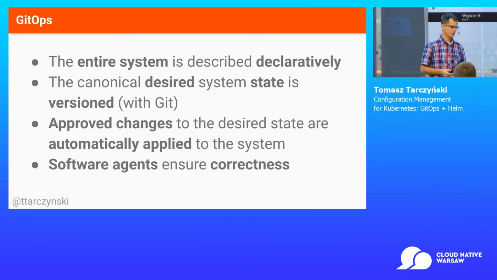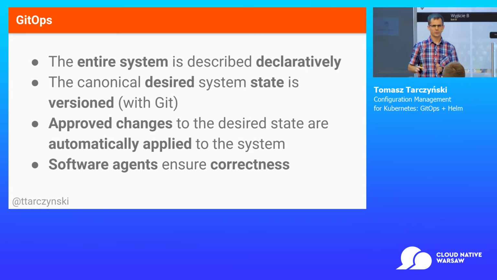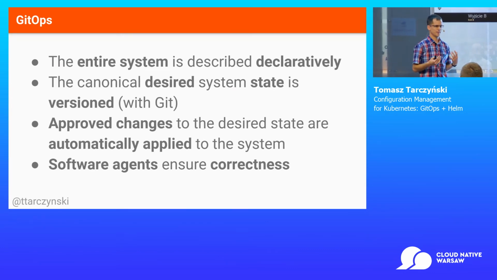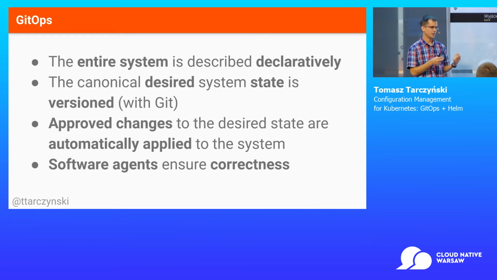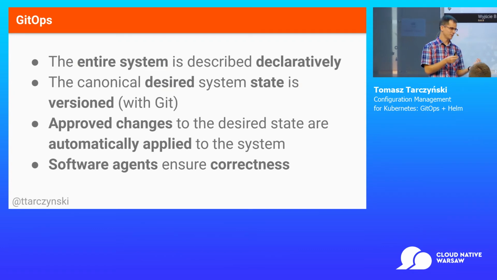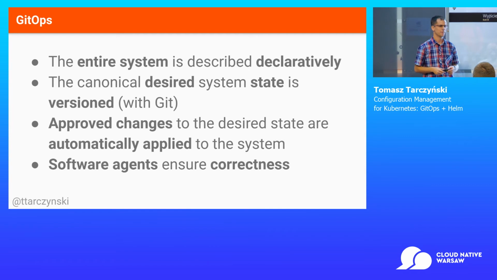The concept is agnostic about what tools you really use, and it is basically about these goals in mind. You describe declaratively the whole system. You use version control to put all the desired state within.